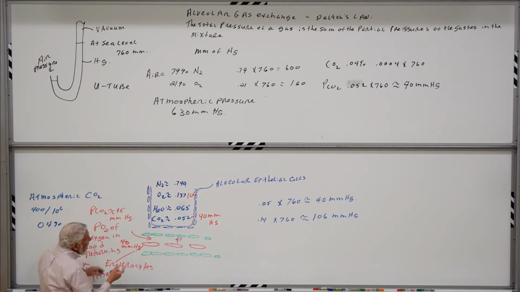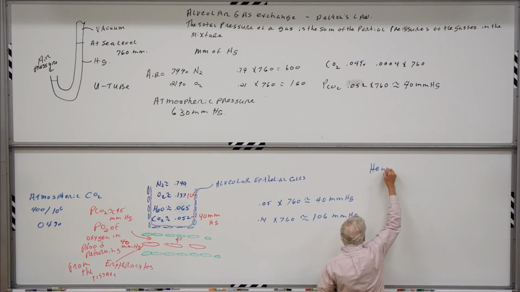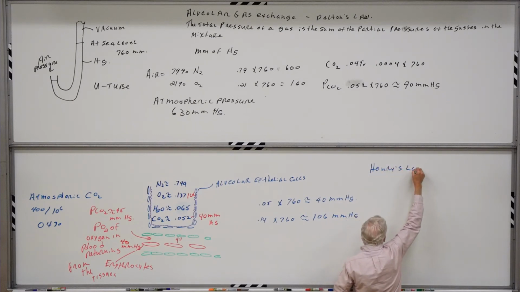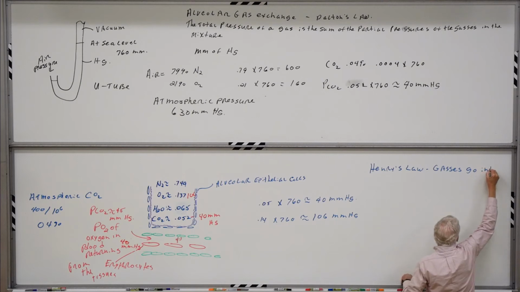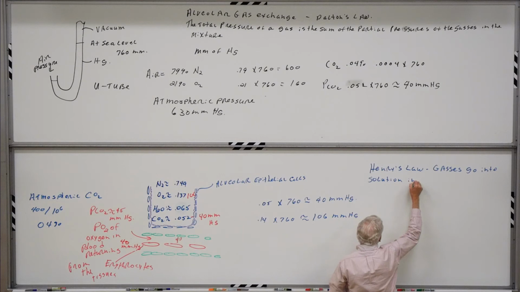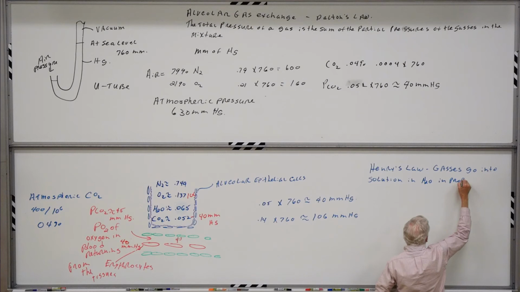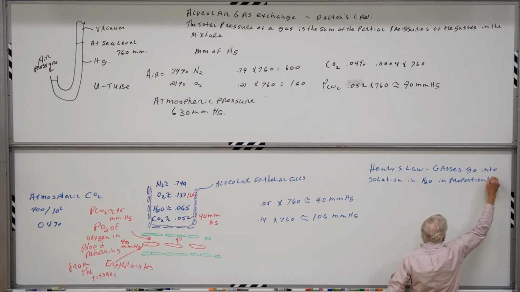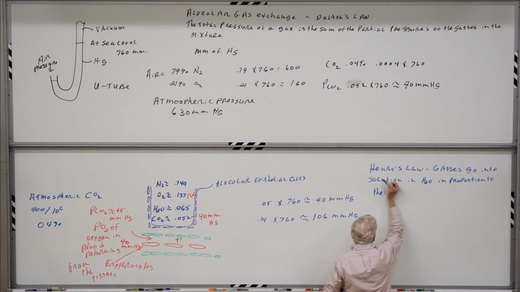That brings us round to this idea of the importance of the water layer, and that brings us round to the concept of Henry's law. Henry's law says that gases go into solution in water in proportion to their partial pressures.